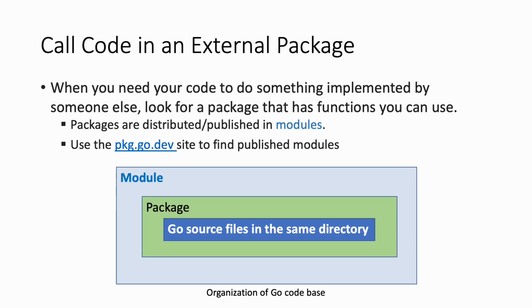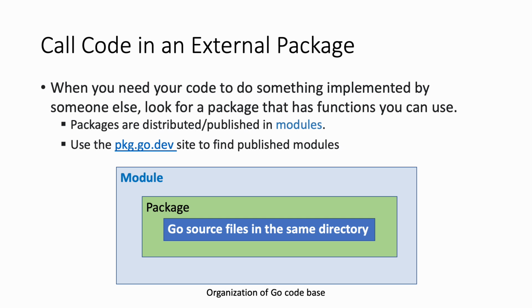As in most of your programs in Java or other languages, you will often use code written by other people in your Go programs. When you need your code to do something that might have been implemented by someone else, you can look for a package that has functions you can use in your code.